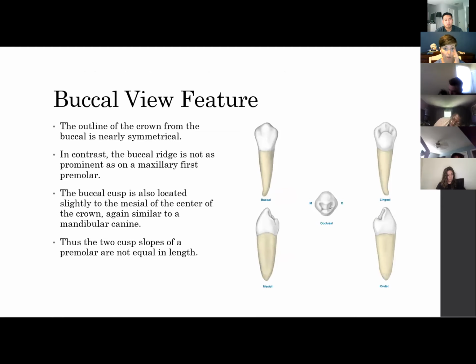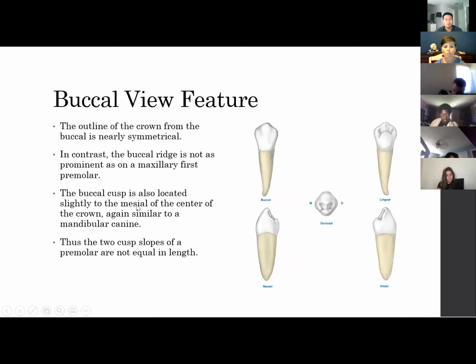In contrast, the buccal ridge is not as prominent as the maxillary first premolar. The buccal cusp is also located slightly to the mesial of the center of the crown, again similar to the mandibular canine. So here is that buccal cusp, and it is slightly to the mesial, but it's still pretty much center.